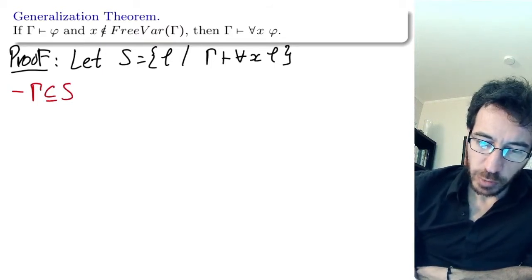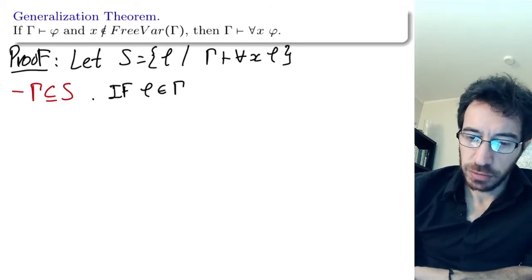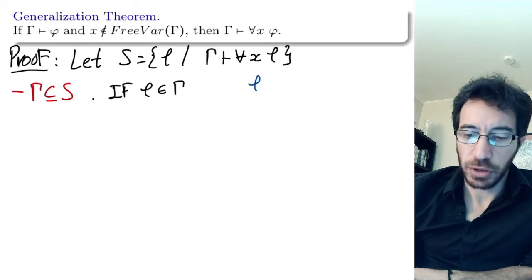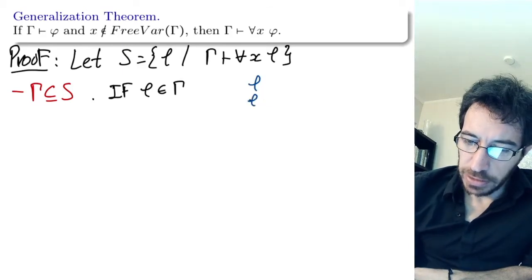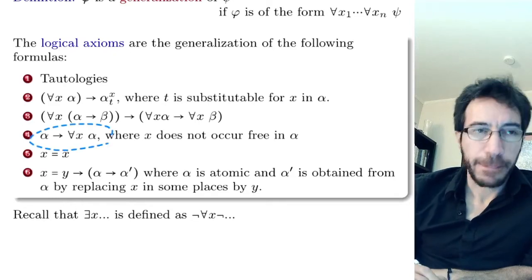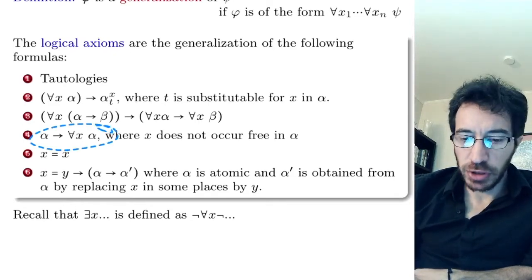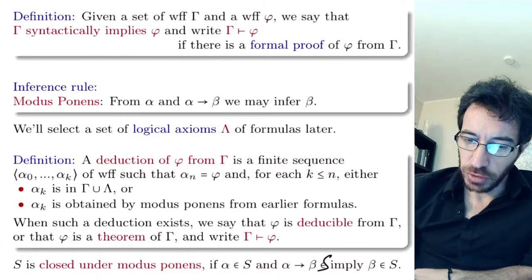Why is that? Well, if phi belongs to gamma, we can have the following deduction. Phi, which belongs because it belongs to gamma, and then we have the formula phi implies for every x phi, which is group 4, and we can use this because x doesn't occur free in phi.